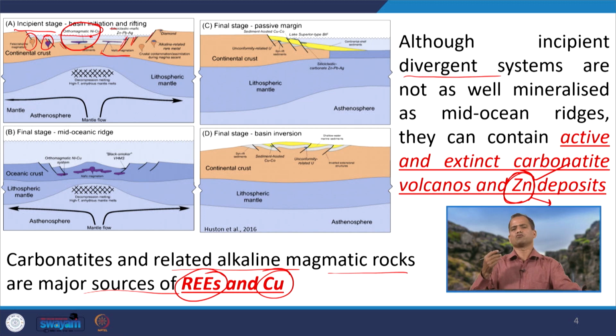That means when we started stretching the system, we are getting rare earth elements, we are getting copper, and we are getting zinc. So, mineralization starts from the initial stage.